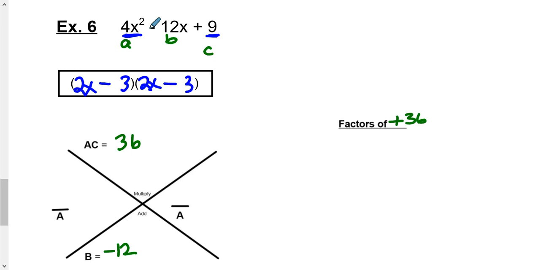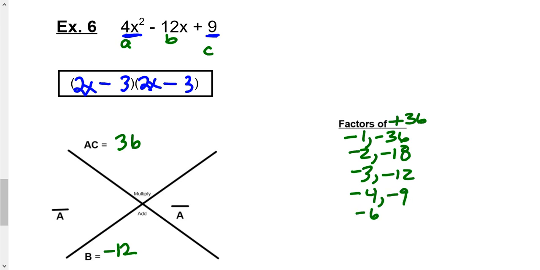That's the only way you're going to be able to multiply and get a positive, but add and get a negative. So we got negative 1, negative 36. Negative 2 and negative 18. Negative 3 and negative 12. Then negative 4 and negative 9. And then negative 6 and negative 6.